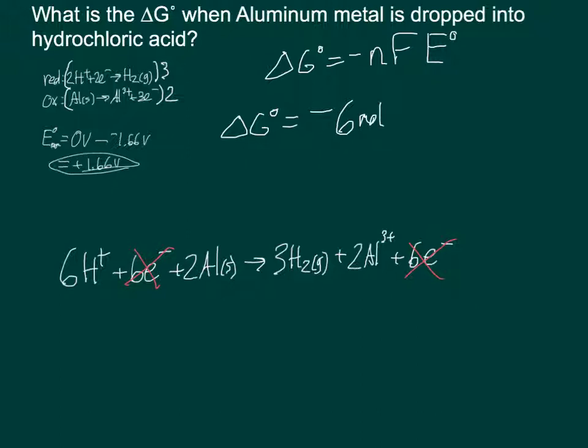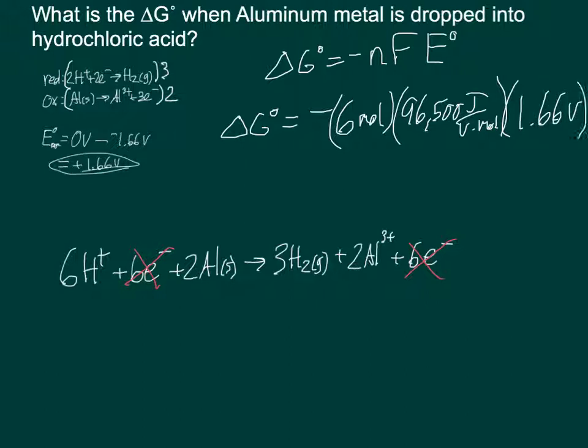F is the Faraday constant, so that's going to be 96,500 joules per volt mole. And our E, as we found before, is 1.66 volts. Okay, so the volts cancel, the moles cancel, and we are going to be left with joules.